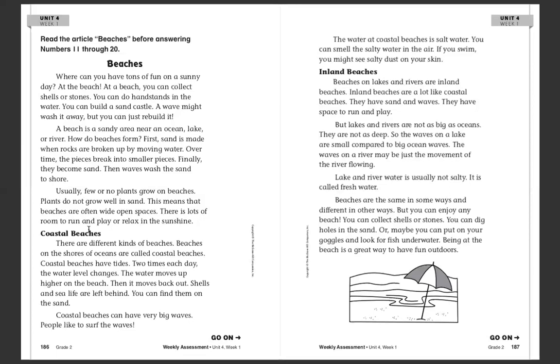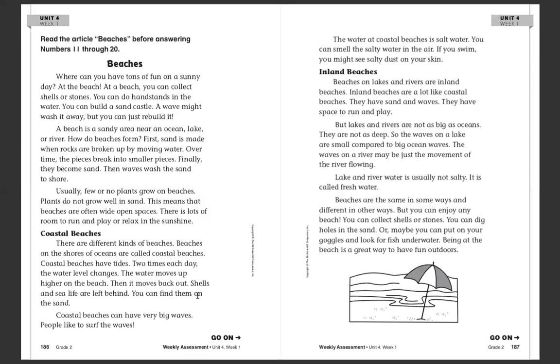Coastal beaches. There are different kinds of beaches. Beaches on the shores of oceans are called coastal beaches. Coastal beaches have tides. Two times a day, the water level changes. The water moves up higher on the beach, then it moves back out. Shells and sea life are left behind.